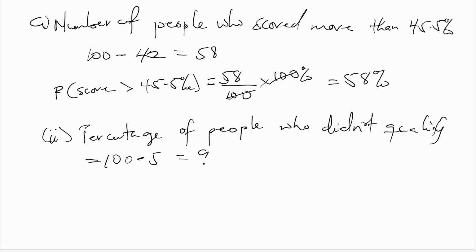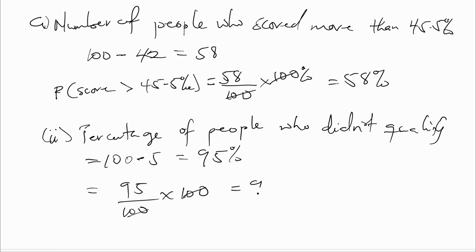So we'll have 95%. So first, we find 95% of the total number of people in the class. So it means 95 over 100 times the total number of people in the class, which is 100.